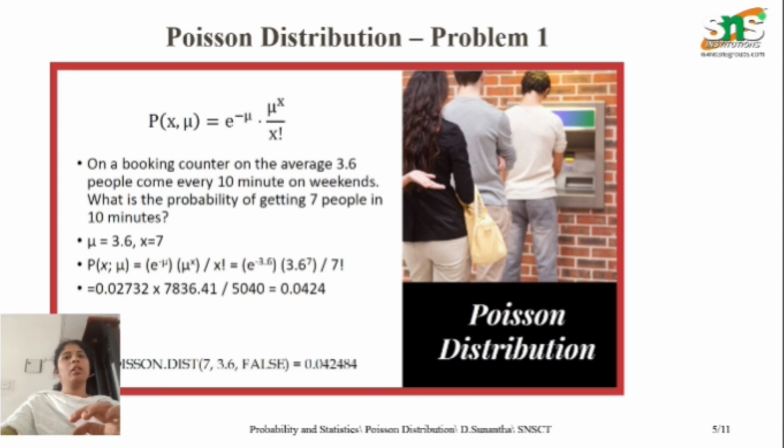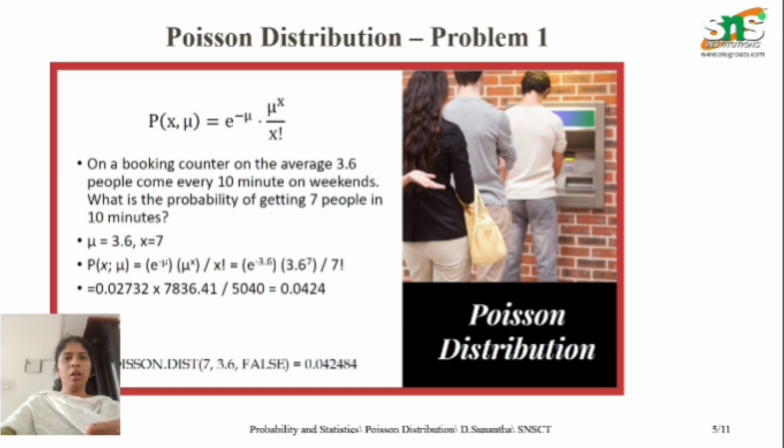Like this, we are going to see problems in this Poisson distribution. In these we will be seeing the average occurrence rate, the required number of occurrences, and the factorial value. By simplifying the expression, we obtain the required probability. This problem process demonstrates how the Poisson distribution helps solve real life counting problems.